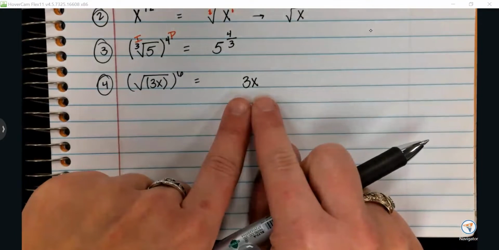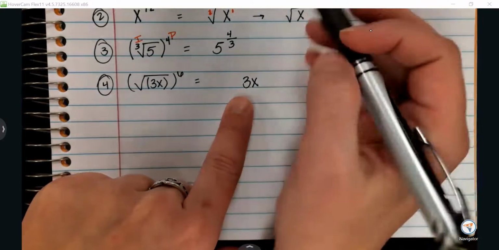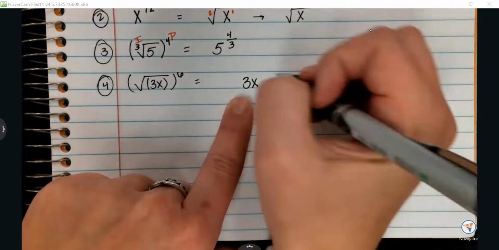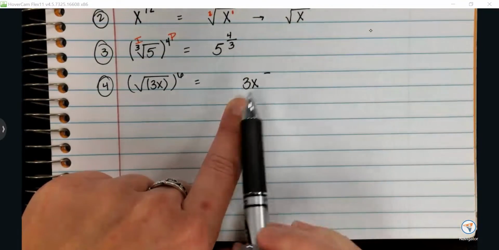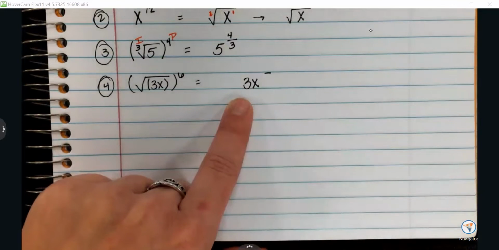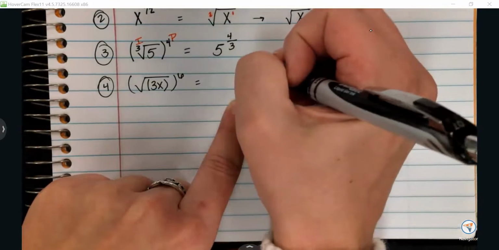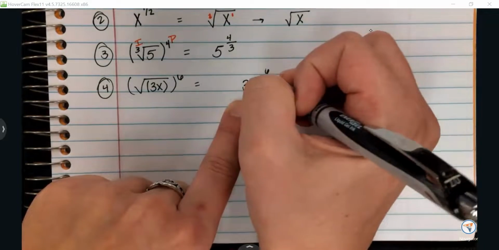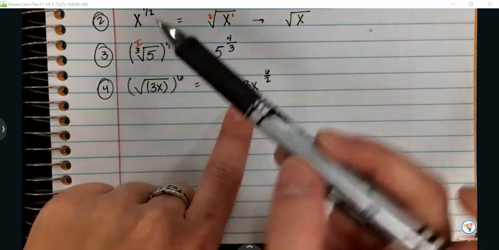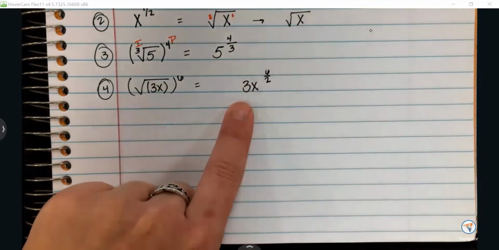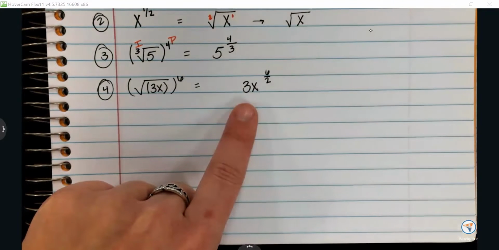Here's why. I'm going to show you. If I just make my fraction, just watch and then I'll let you write down. What would my fraction be? What is my power? 6. And what is my index? 2. Why is it 2? It's automatic 2. There's nothing there. Now, look here at my paper. Don't write. Look.